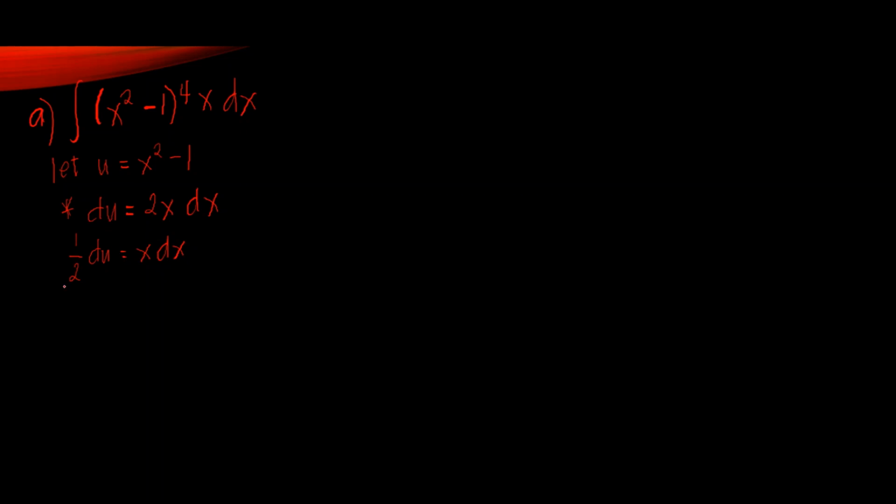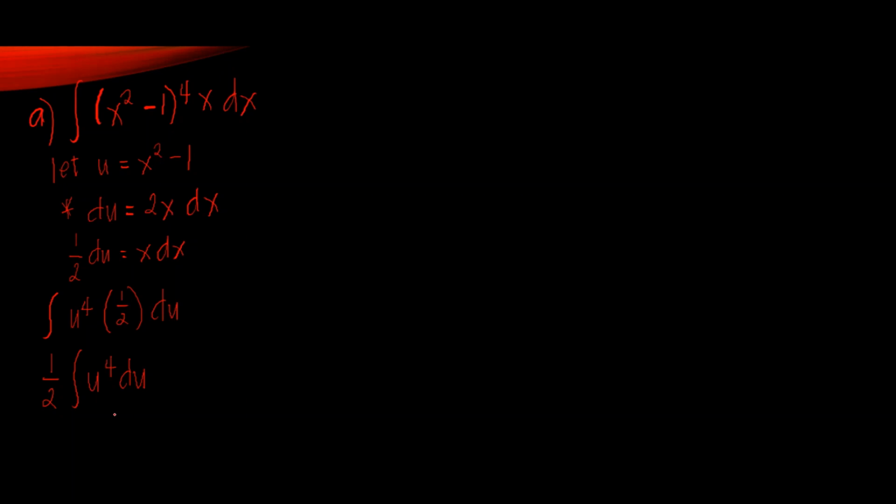And we can use this one to substitute dito sa term natin dito. So, by substituting yung mga u natin, this will be equal to u raised to 4 and x dx is equal to 1/2 du. And then, pwede nating i-isolate si constant. So, this will be equal to 1/2 the integral of u raised to 4 du.